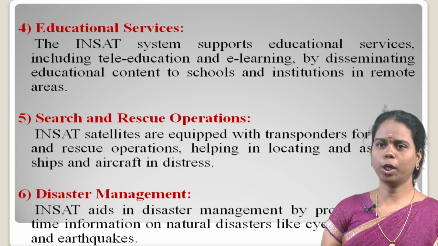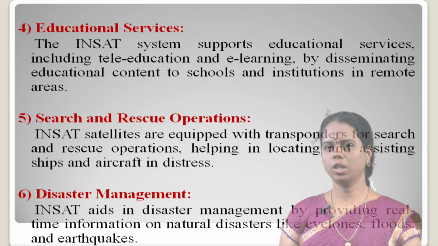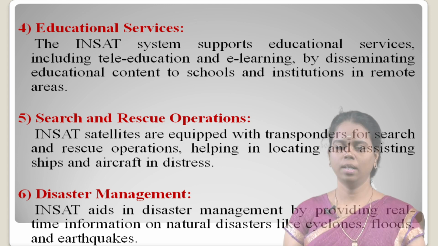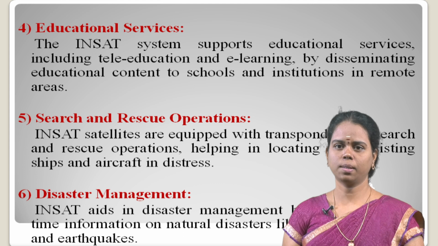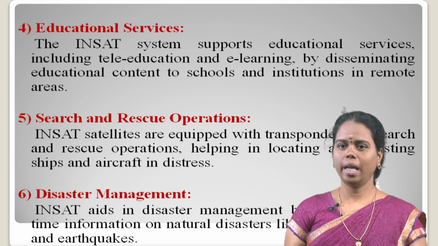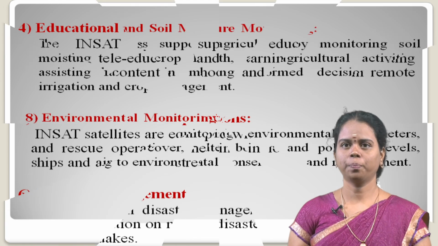The satellites are equipped with transponders for search and rescue operation, helping in locating and assisting ships and aircraft in distress. Sixth one is disaster management. It aids in disaster management by providing real-time information on natural disasters like cyclones, floods and earthquakes.